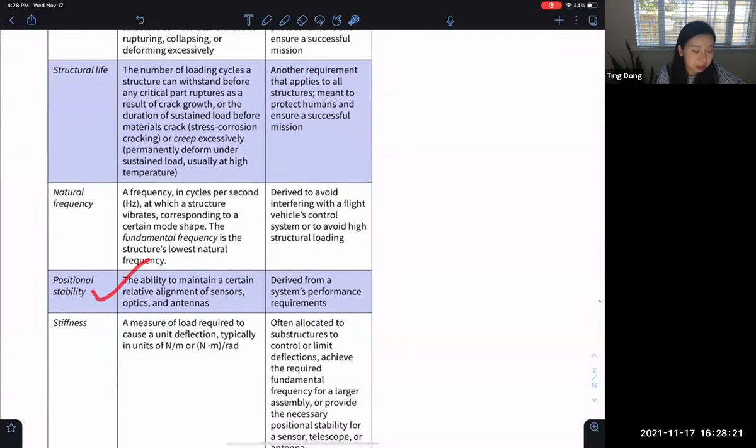And positional stability and stiffness, I think these two are closely connected to each other. It's more like the deflection and the loading. For example, let's say we put the EV into the launch vehicle, and the size of the EV just fits into the cargo bay.